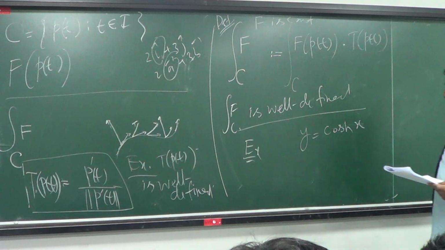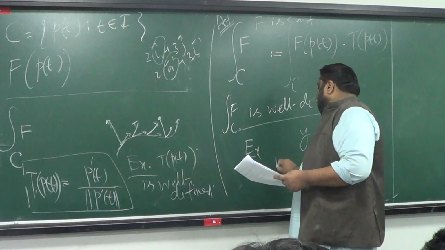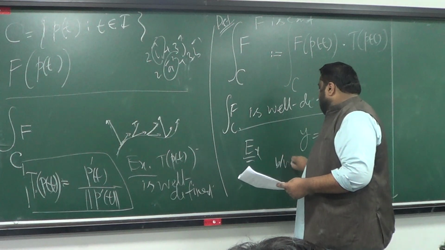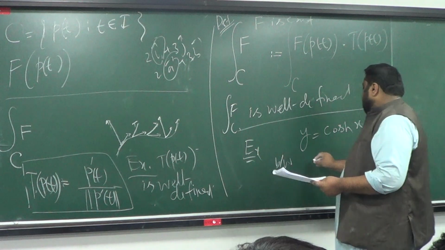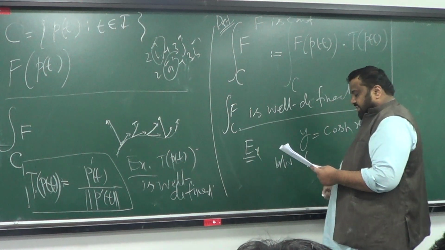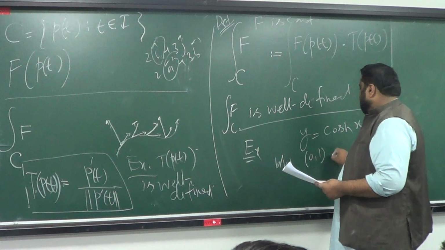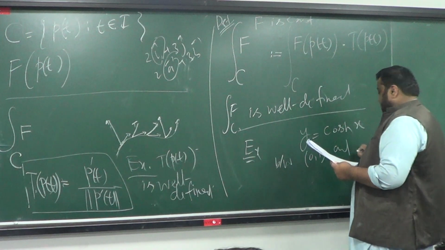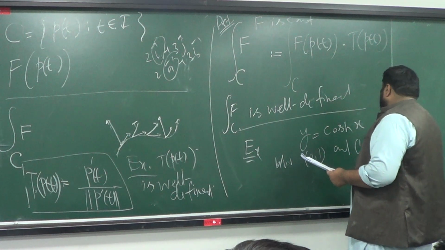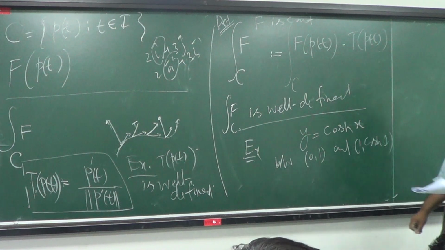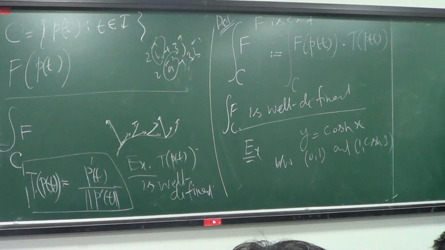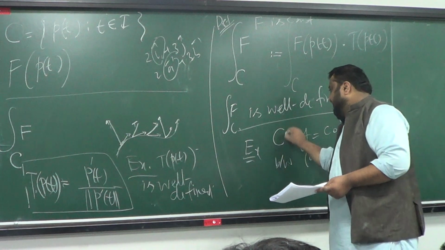You are not treating this curve entirely, not taking it infinitely, you're just taking it between two points. It's a curved segment between (0, 1) and (1, cosh 1). So that's my curve. This is the description of the C.